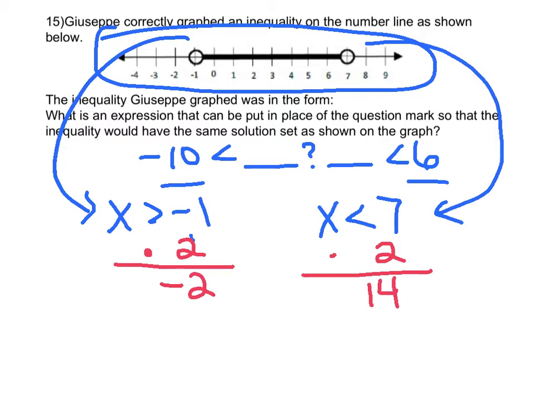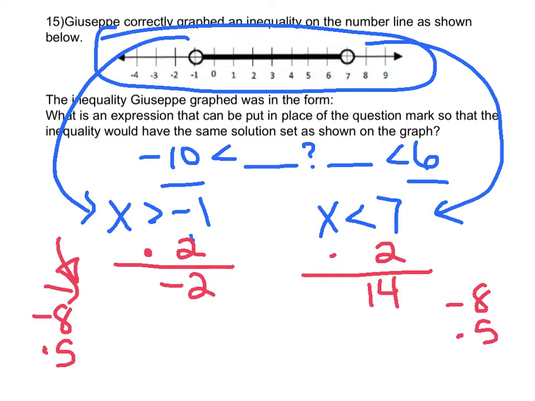Well, remember my option over here on this side was to either subtract 8 or to multiply by 5. Let's take a look at the options over here, subtracting by 8 or multiplying by 5. Well, we know that both of the options over here on the left-hand side would give me -2.